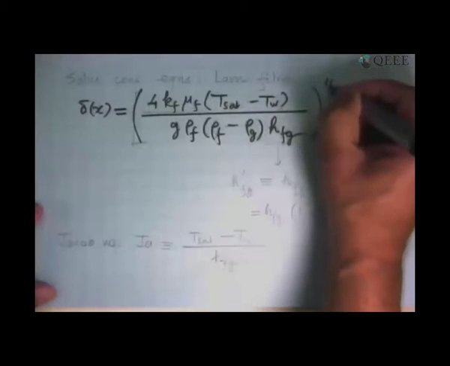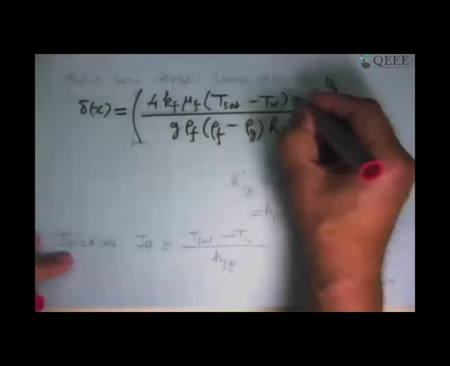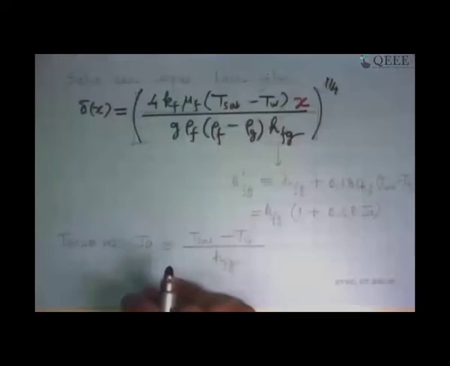And this whole thing to the power 1/4 along with in terms of x. This is telling us how the boundary layer grows.